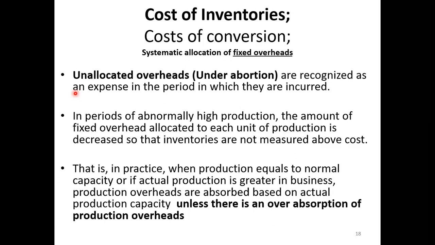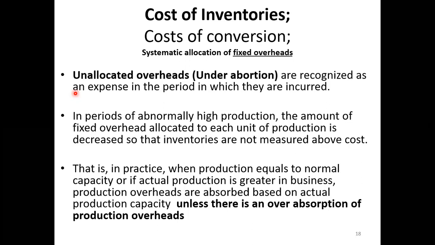But in case of abnormally high production, say expected normal capacity is 10,000, but it prints 12,000 units.